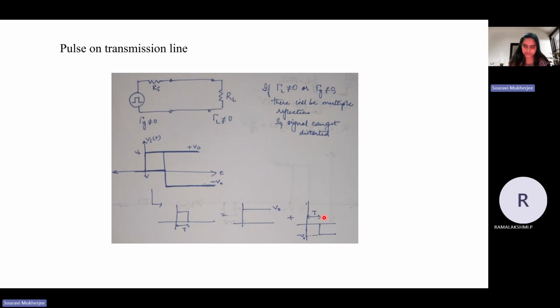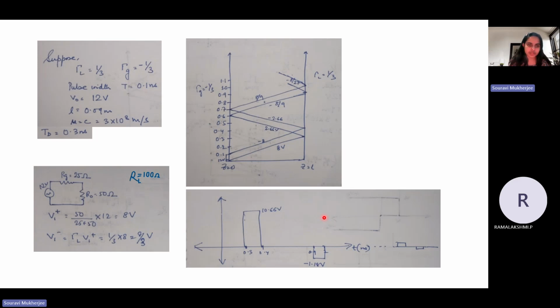Okay. So now using that, we can try to solve questions like this, which will give us an idea about what happens to the signal as a pulse propagates along a transmission line. Suppose you have a given reflection coefficient at the load end, and a reflection coefficient at the generator end.